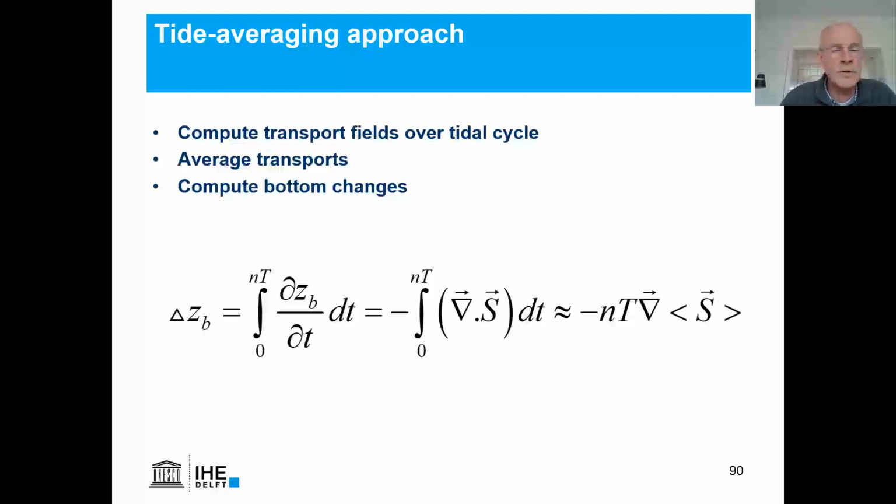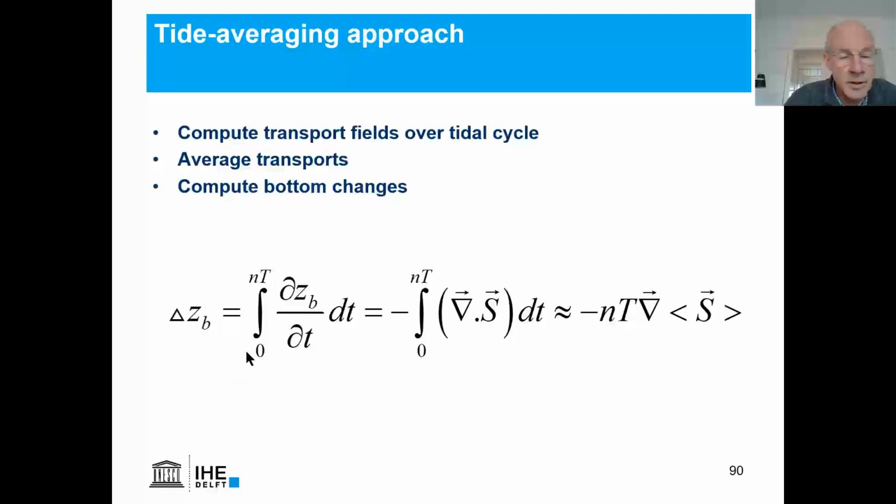Let's try to understand what we're doing with that by following these formulas. What we want to compute is the overall change in the bathymetry after a number of tidal cycles. The tidal cycle has a period of T, and N is the number of tidal cycles.